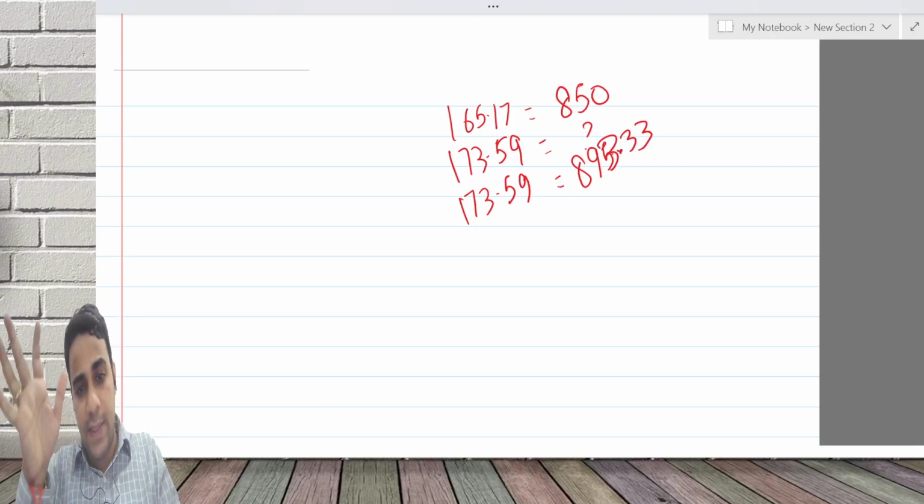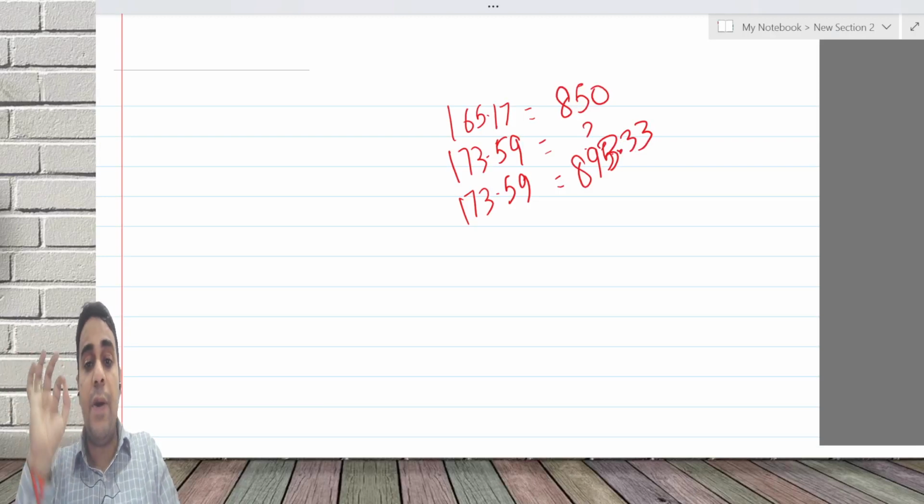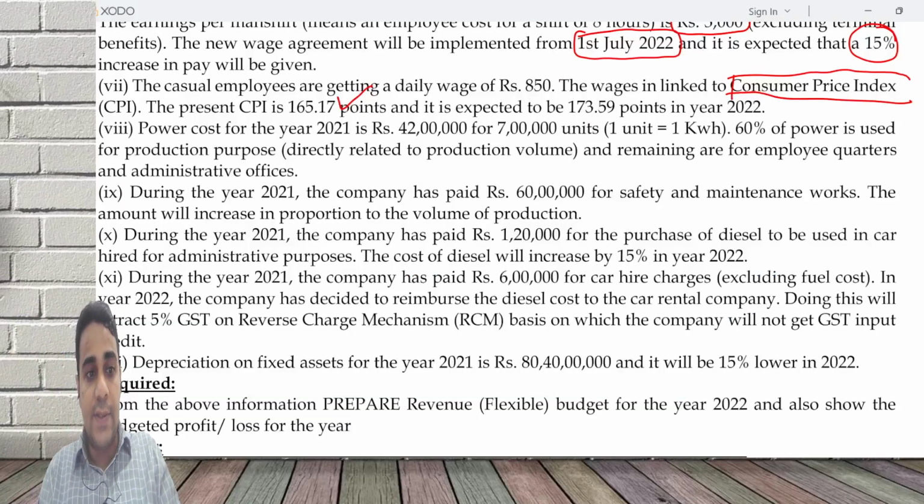The employees will be paid as per the consumer price index. They have said the casual employees are getting a daily wage of 850. Wages are linked to the consumer price index. If CPI goes up, wages will go up. If CPI comes down, wages will go down.